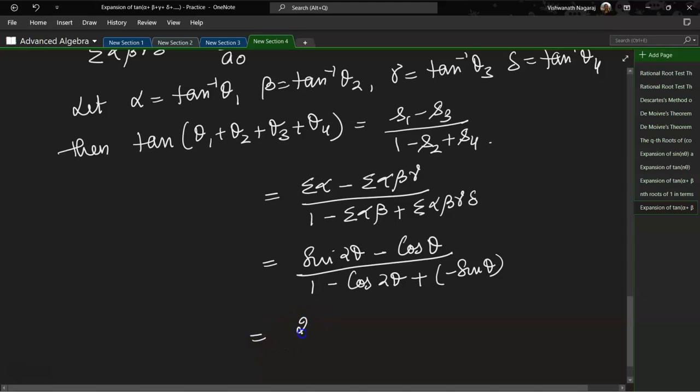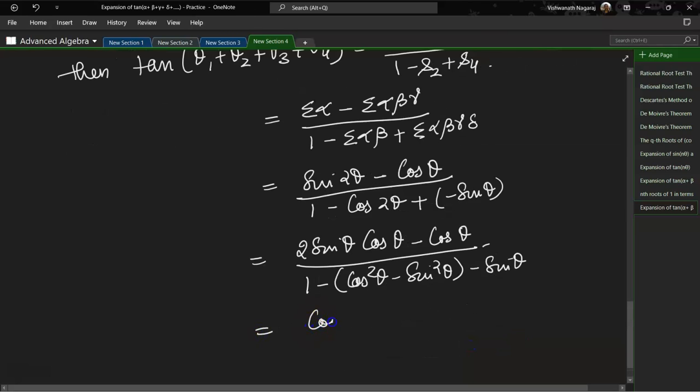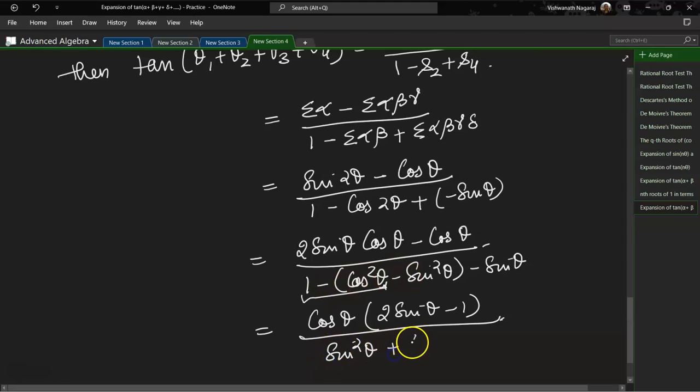Sine 2 theta can be written as 2 sine theta cos theta, minus cos theta, divided by 1 minus, now cos 2 theta can be written as cos square theta minus sin square theta, minus sin theta. Now cos theta is common to both, so let's take it out. We are left with 2 sin theta minus 1 divided by, now this 1 minus cos square theta becomes sin square theta, minus into minus plus sin square theta, minus sin theta.